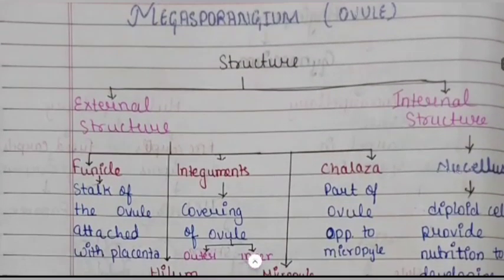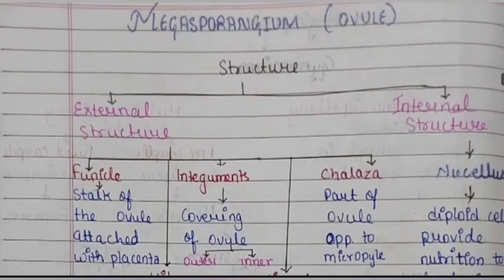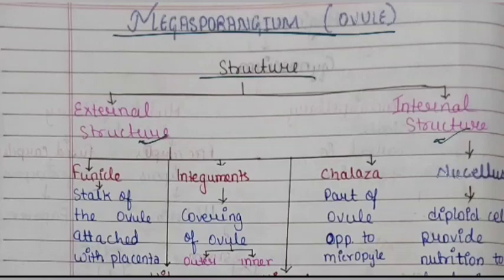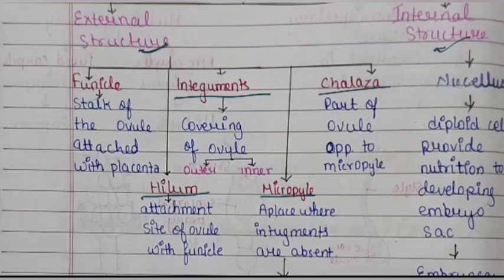Now we'll talk about the ovule or megasporangium. This is our topic. Its structure is divided into two parts, that is external and internal. Funicle is the stalk of the ovule attached to the placenta. Then coming to the hilum, it is the attachment site of the ovule with the funicle.